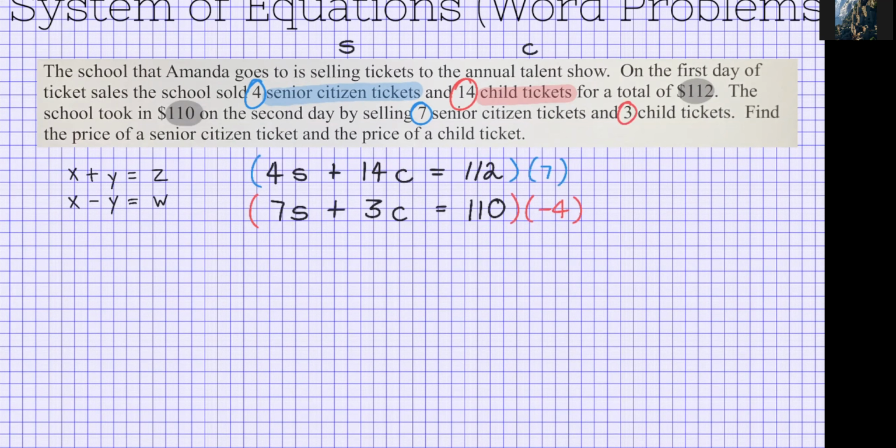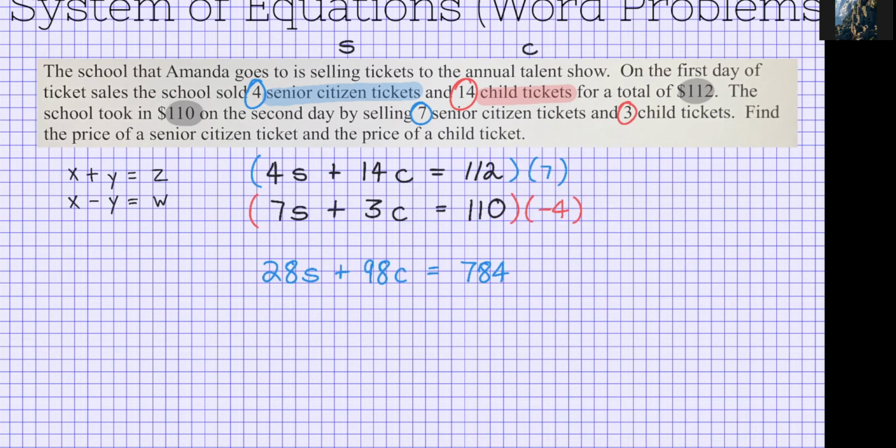So let's begin. 7 times 4, that's 28S. Let me do this so we can identify them better. 28S. And then 7 times 14 will be 98C. And then we have 7 times 112, which is 784.